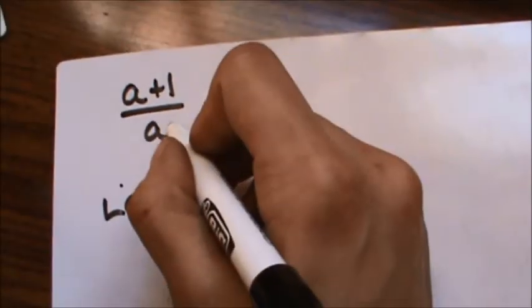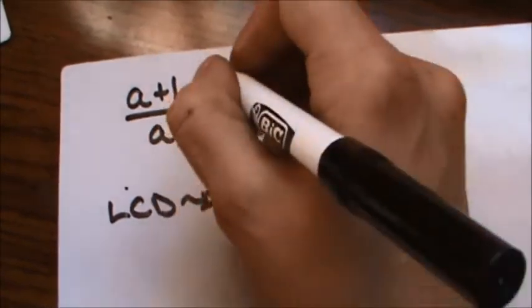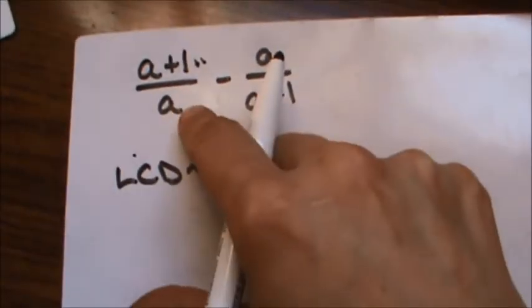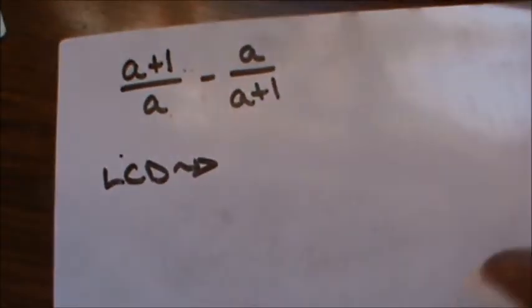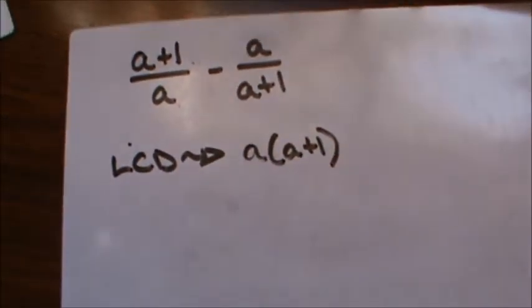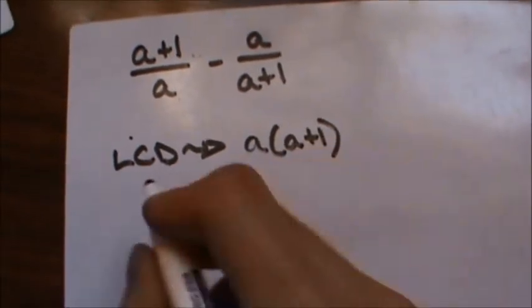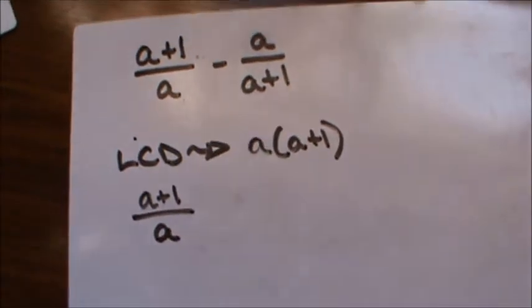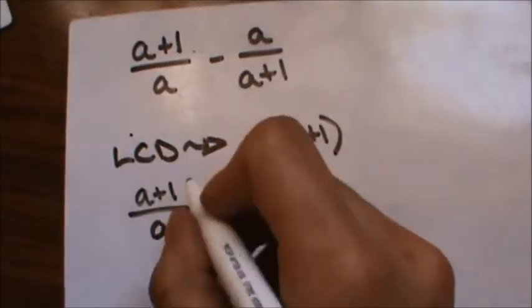This is one of those cases where I think a lot of students are going to want to go up here and say, oh, I can add one to this and add one to this, and now I have common denominators. But you cannot change a fraction by adding. You can only change it through multiplication. So in this case, our LCD is going to be the product of the two denominators, since they have nothing in common. So this first fraction, I must change to have this LCD.